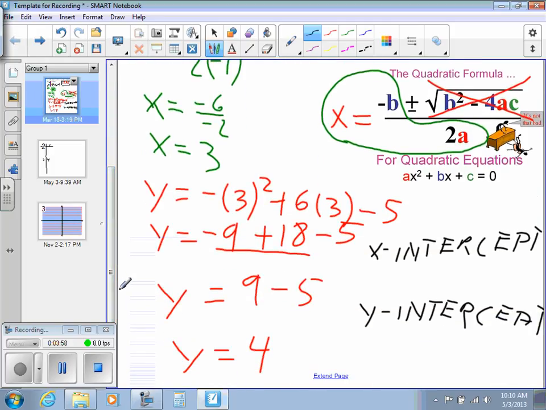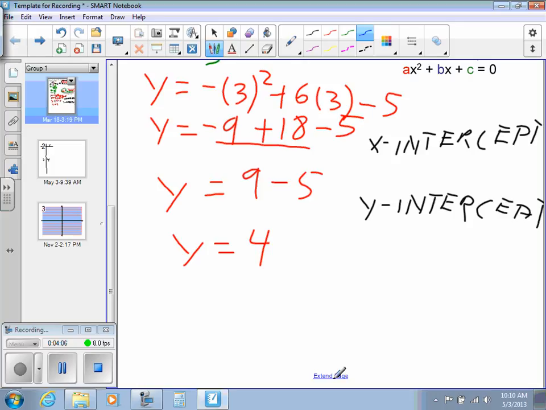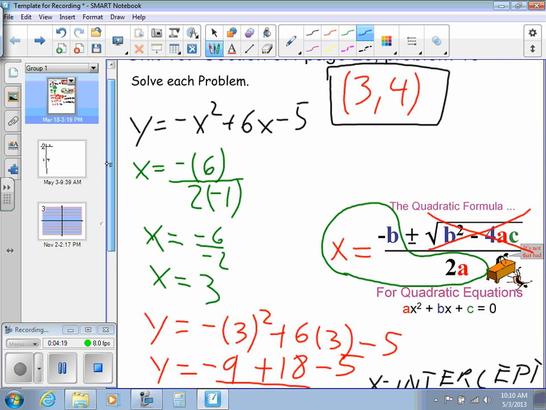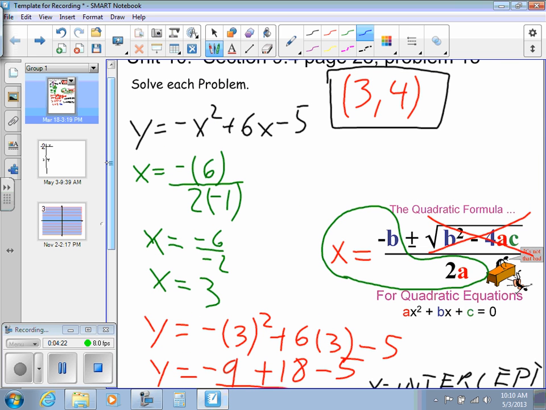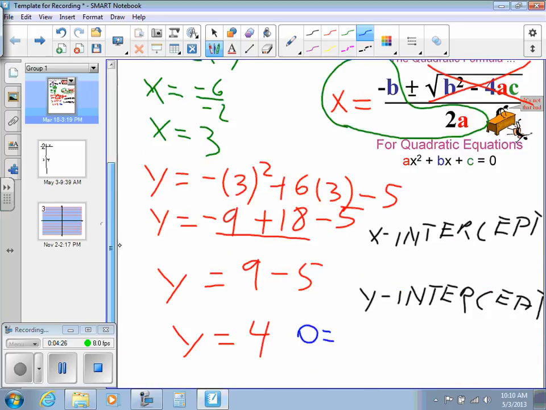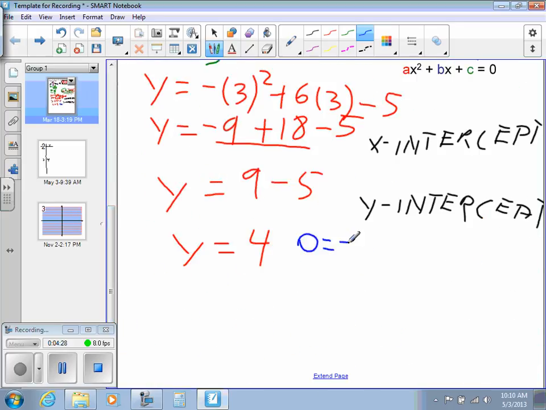So now, to find an x-intercept, I'm going to replace y with 0. So y equals 0 in the original equation, which is negative x squared plus 6x minus 5.